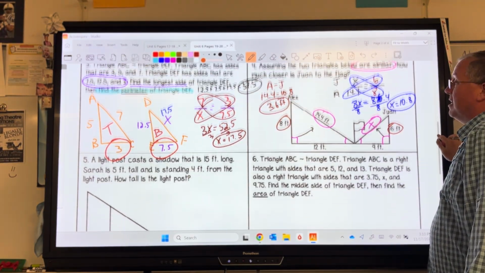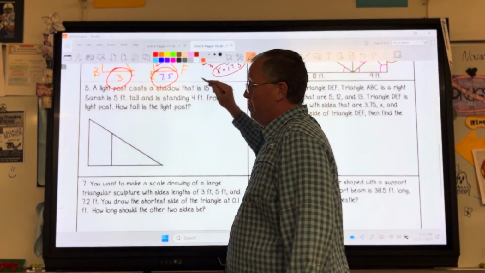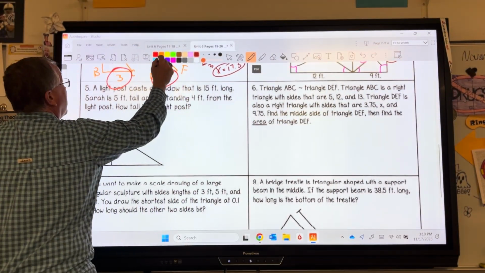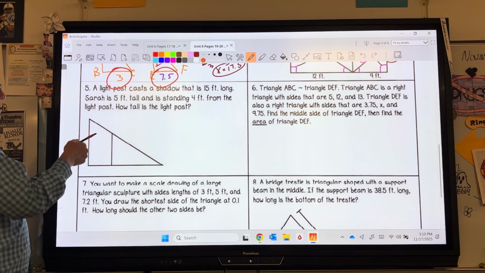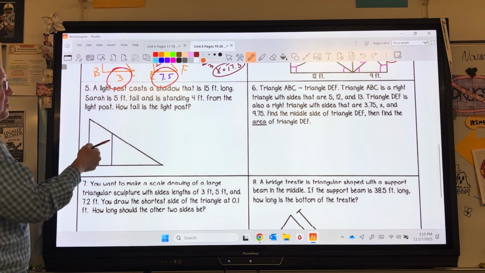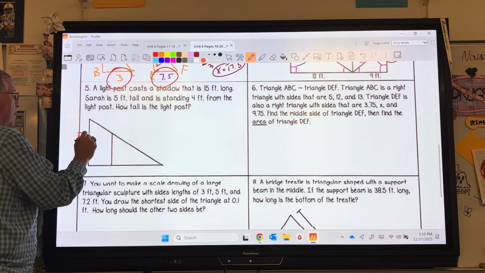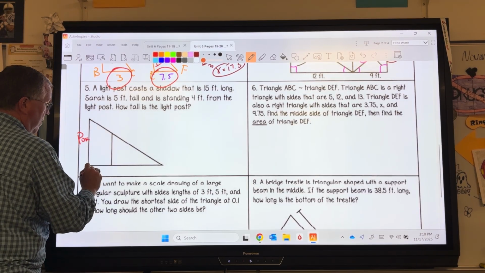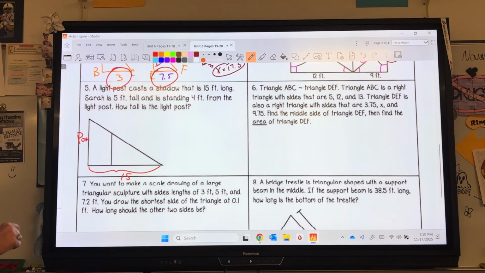Again, we just continue this same process. Draw the picture, label it, set up the proportion, solve. This one, a light post casts a shadow that is 15 feet long. So here's the post, here's the shadow, and it is 15 feet long all the way across.